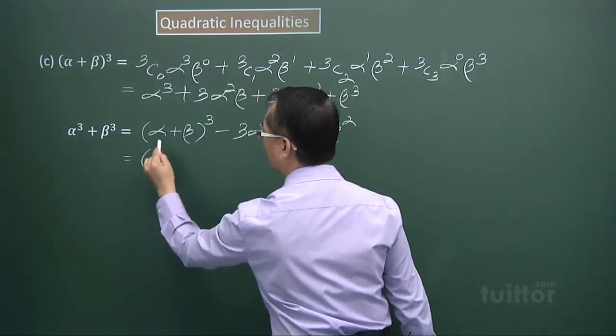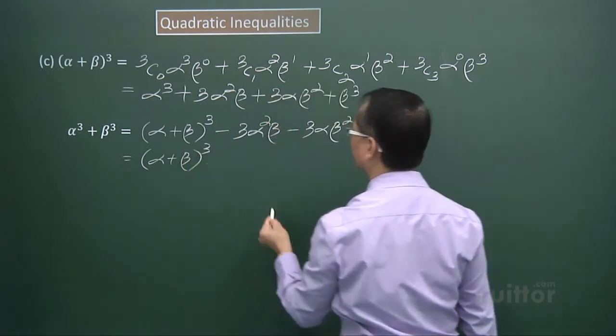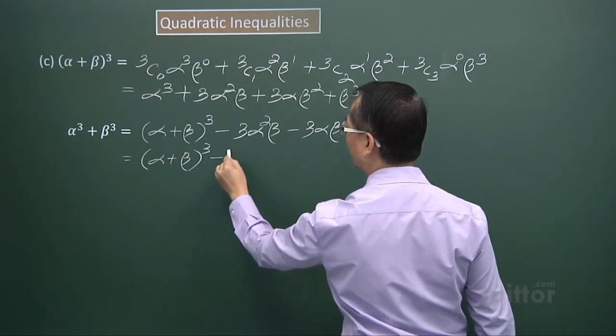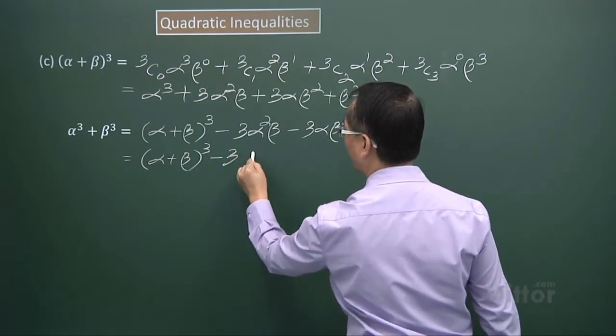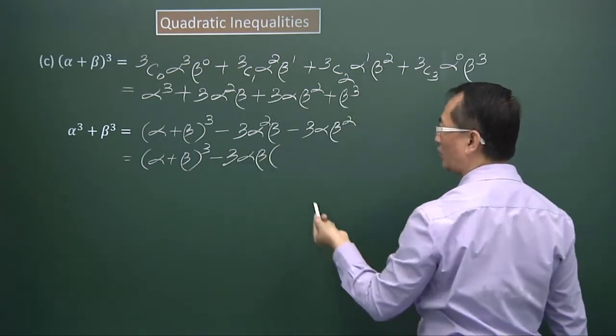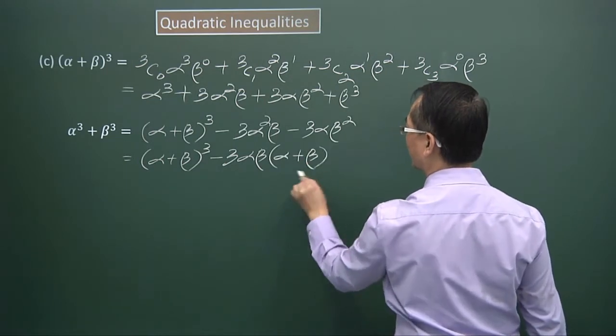So this is the cube of the sum of two roots. If I just take out common factors here, negative 3 times alpha times beta, I'll be left with alpha plus beta.